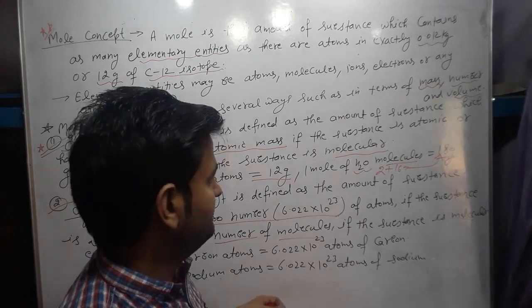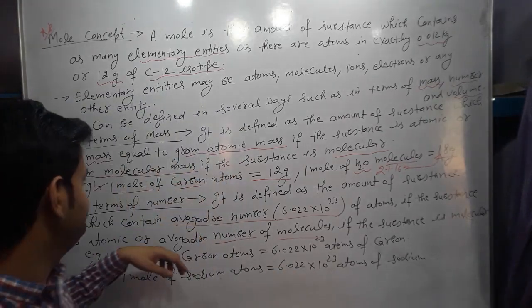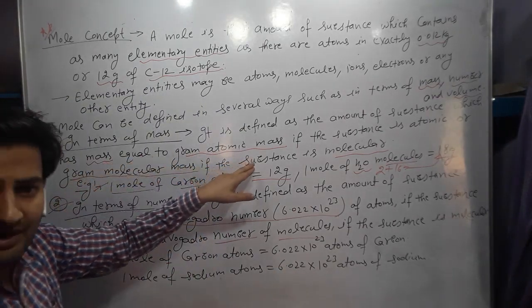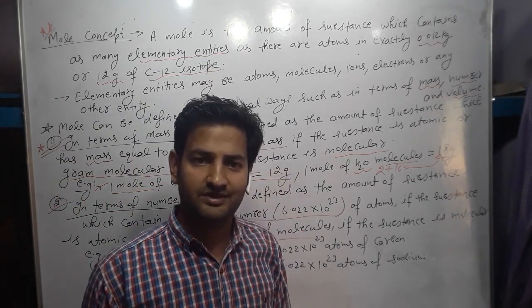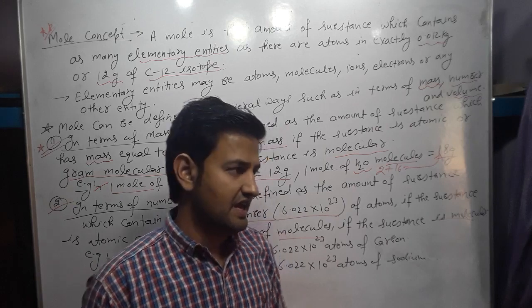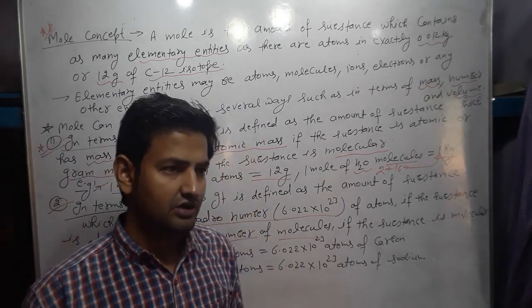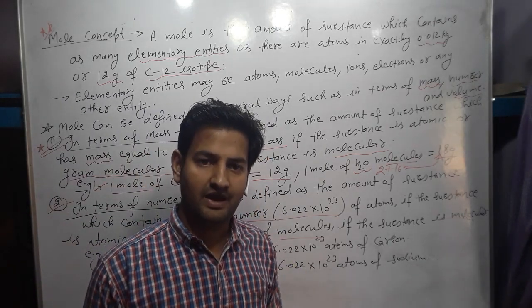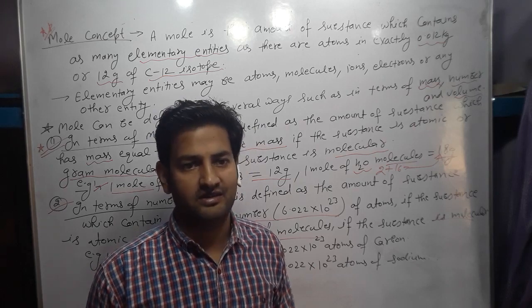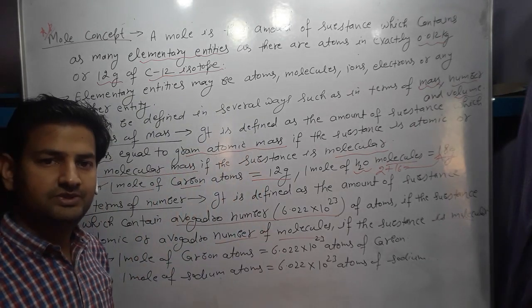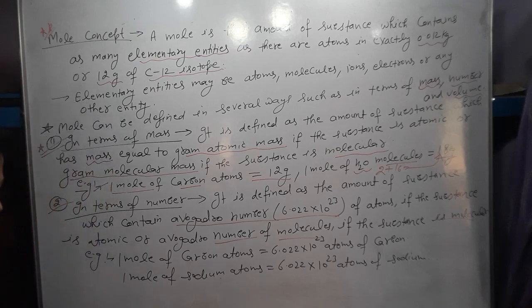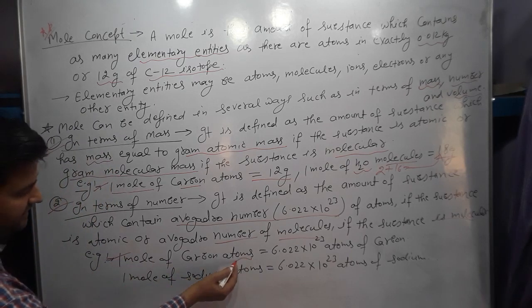So we can say that in terms of mass it is equal to gram atomic mass if the substance is atomic, and gram molecular mass if molecular, and in terms of number it is equal to Avogadro number of atoms if atomic, and Avogadro number of molecules if the substance is molecular.